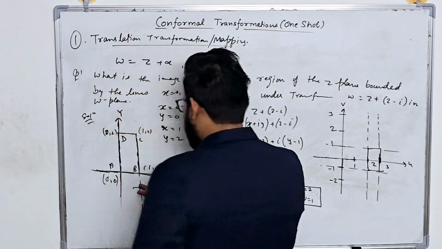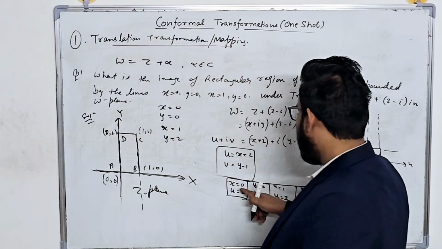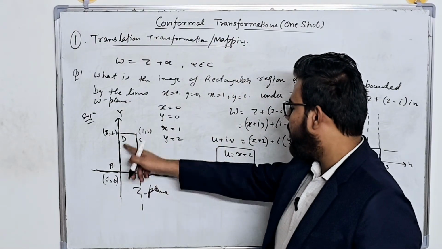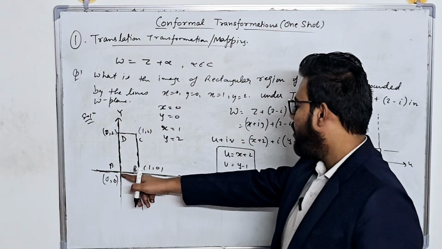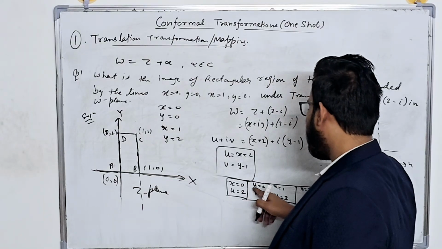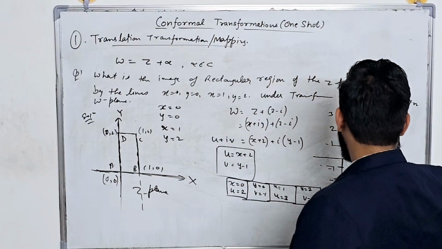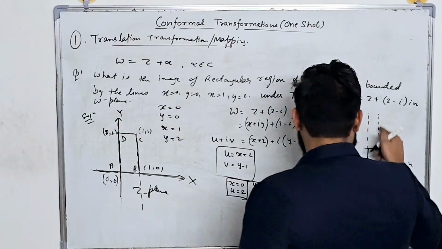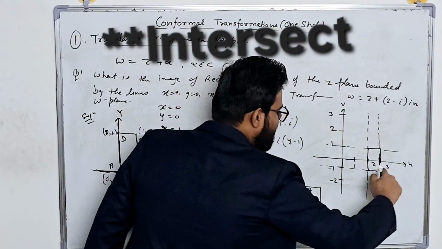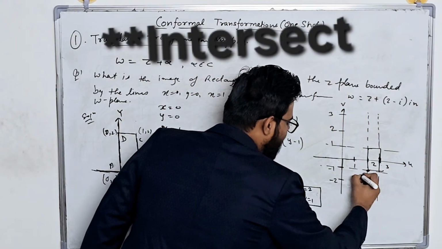Now corresponding to this, what points do we have over there? Well, when x is equal to 0 and y is equal to 0, they intersect, we got the point A. So when x is equal to 0 and y is equal to 0, it means that u is equal to 2 and v is equal to negative 1 coincide, that is A dash, right?